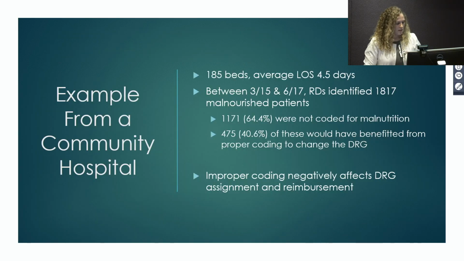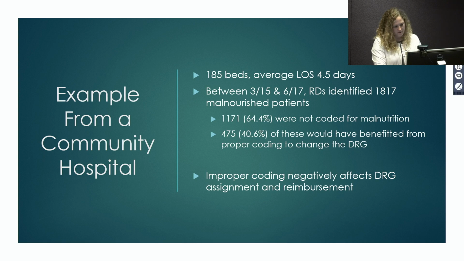So this study has an example from a community hospital that has 185 beds, but they did a review of a 3-month span where dietitians identified about 1,800 malnourished patients. And from those malnourished patients, 64 of them were not coded for malnutrition. So that means that there wasn't another physician note that listed it as a problem. So just the dietitian was addressing it.